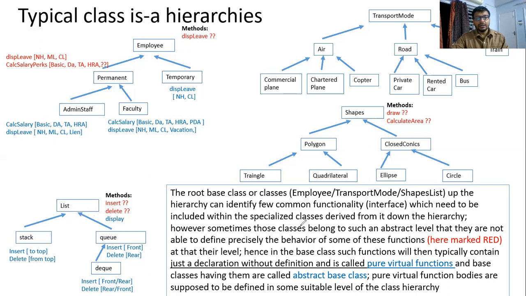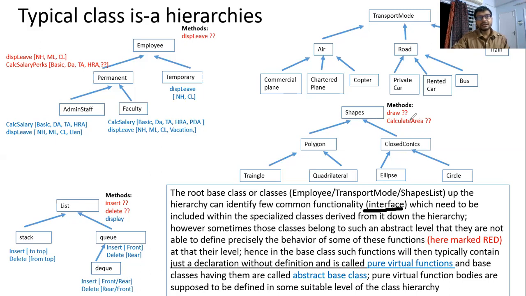Okay. So to summarize from these examples, the root base class or the classes like this up the hierarchy can identify a few common functionalities, and this functionality is called interface, which needs to be included within the specialized classes derived from it down the hierarchy. So if they cannot define it, why do they mention it?